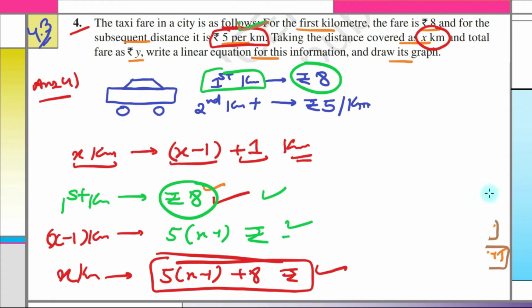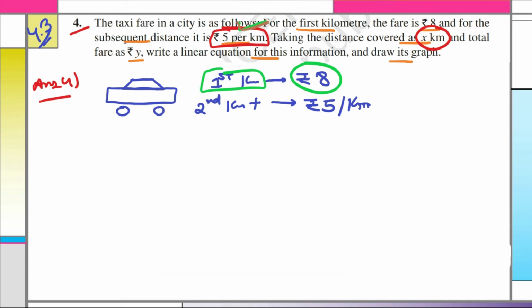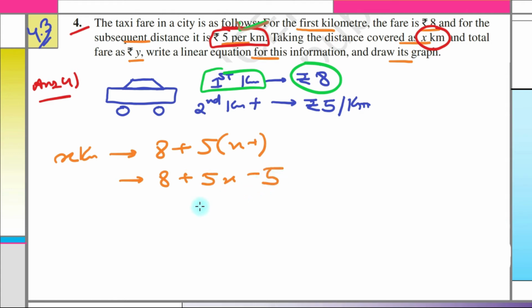Let me just rub the board a little bit. Okay my friends, what we have calculated is that for x kilometers the total fare would be 8 plus 5 into x minus 1. If I solve this a little bit, it would be 8 plus 5x minus 5, that is 5x plus 3.